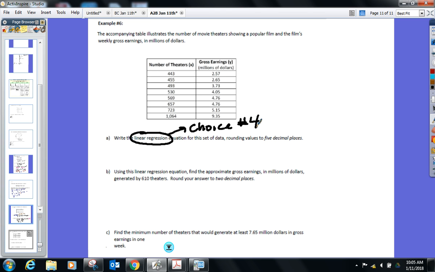So y equals, what's your a value to 5 decimal places? 0.0102 x. No? That's what I got. Did I type something in my calculator wrong? Okay. All right. Check yourself.